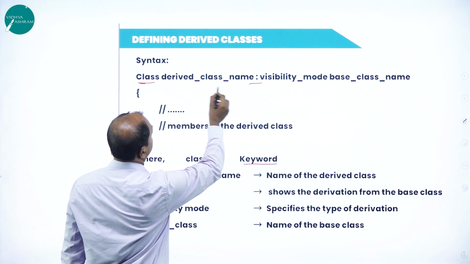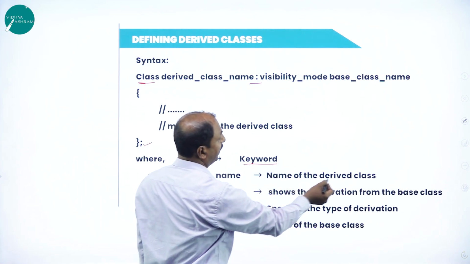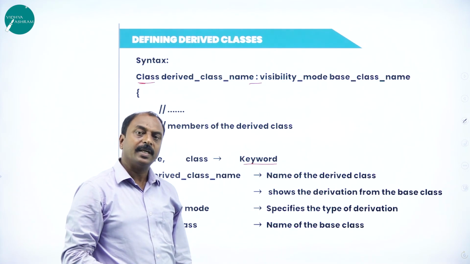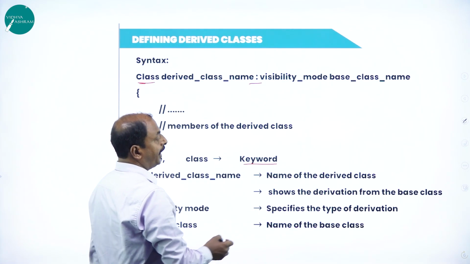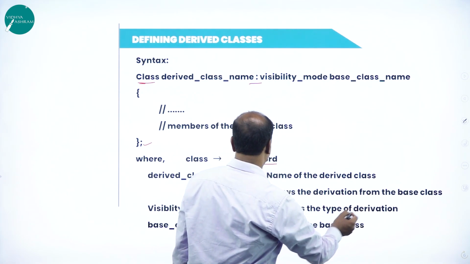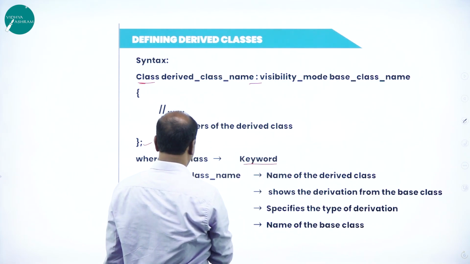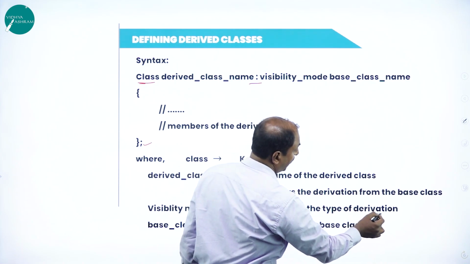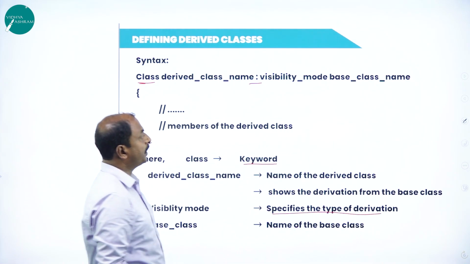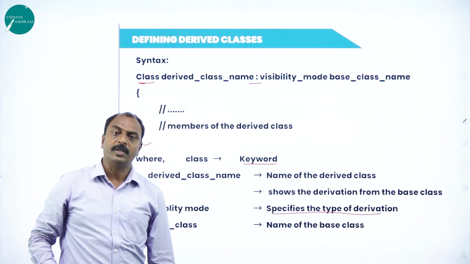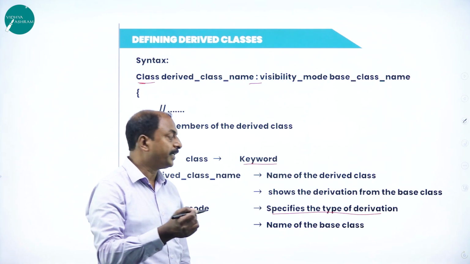the derived class name here is nothing but the name of the class, an identifier. Next, it shows a derivation from the base class, and then the visibility mode, which specifies the type of derivation. In the next slide we are going to learn the definition of visibility mode.